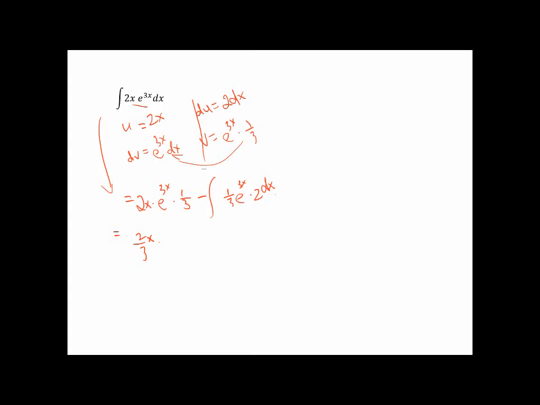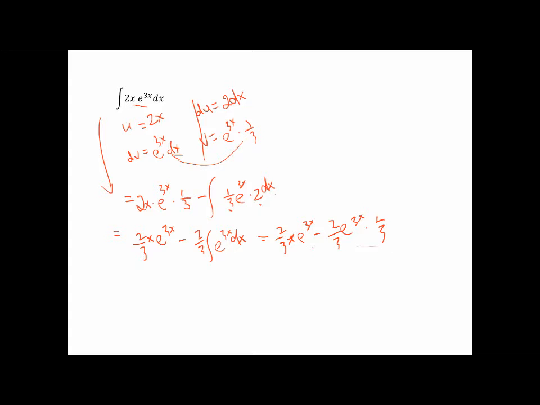Simplify it: 2/3 x e to the 3x minus, I want to take the constant out, 2/3 the integral of e to the 3x dx. So this equals 2/3 x e to the 3x minus 2/3 e to the 3x times 1/3. Chain rule, right?